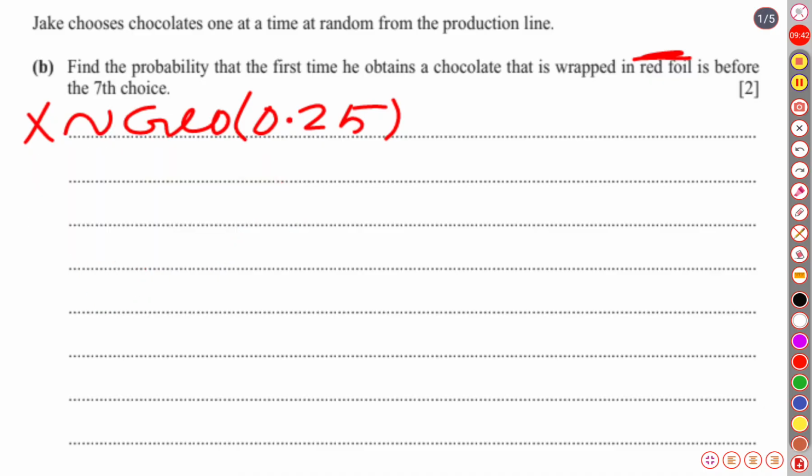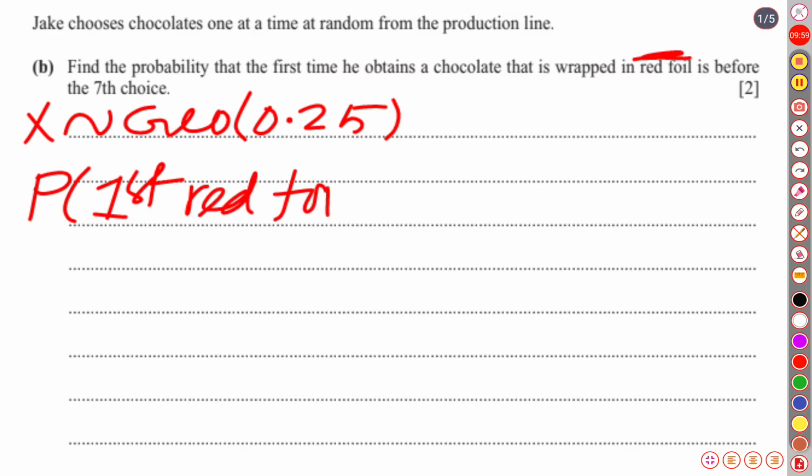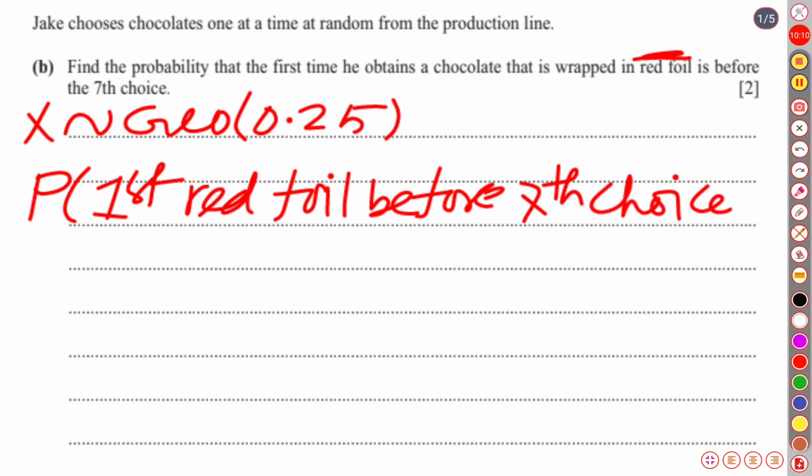So we need the probability of the first red foil before the seventh choice. So what does this mean actually?